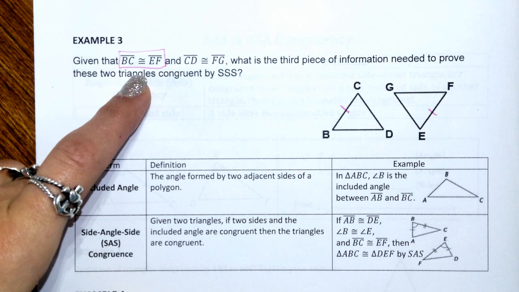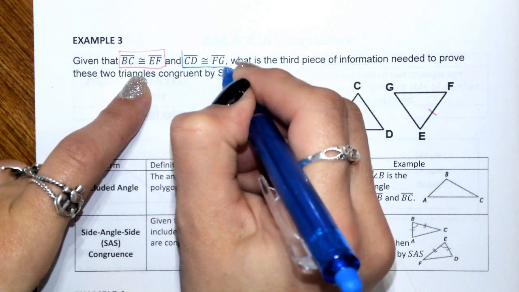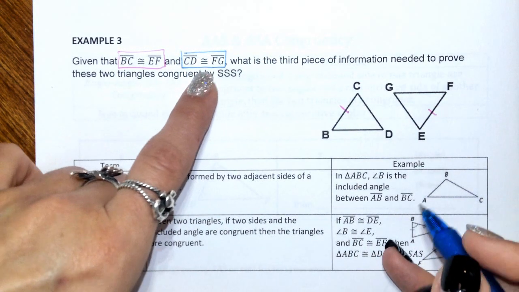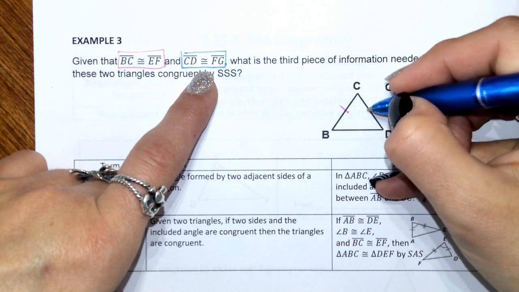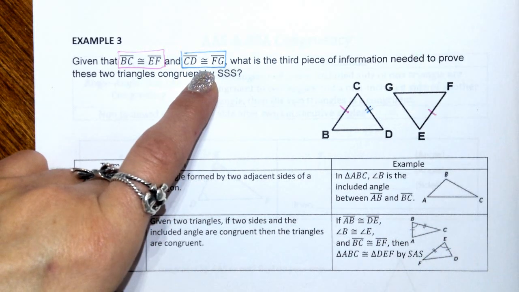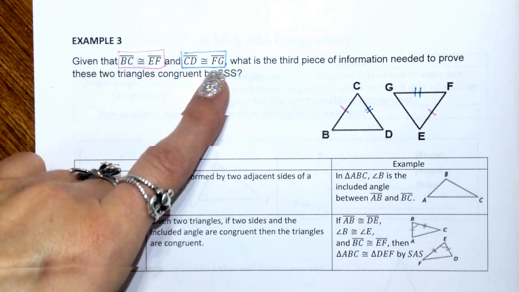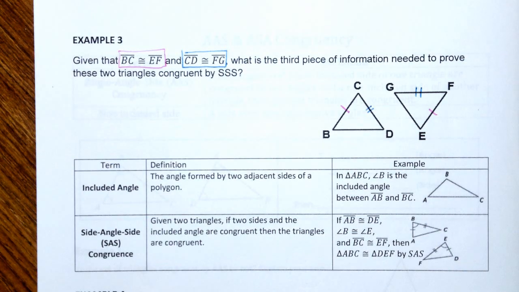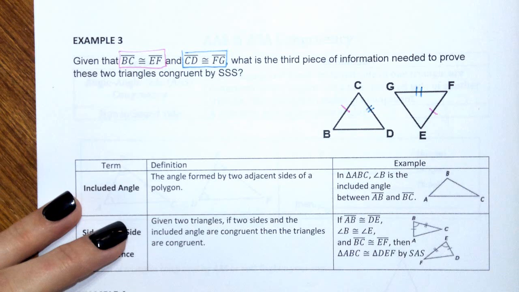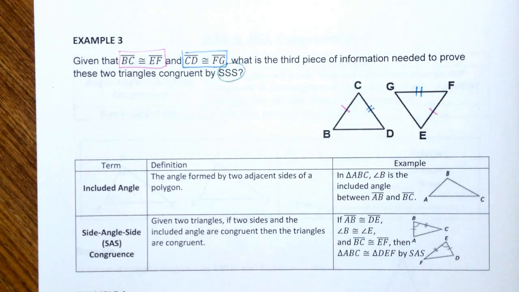Then we have segment CD is congruent to segment FG. So CD right here, second pair congruent sides, second tick mark. FG right here. What they want to know is what other information do we have to prove that they are congruent by side, side, side.